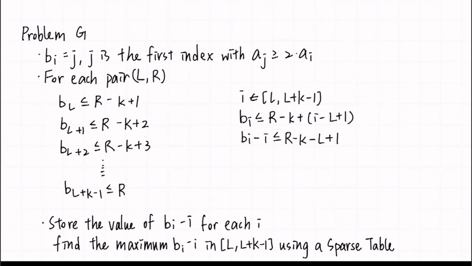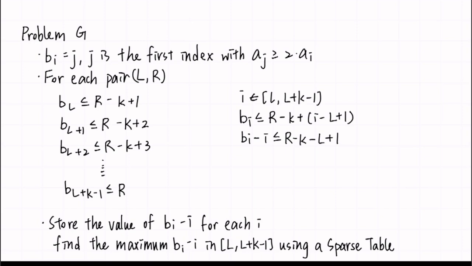And so we notice that for each pair, if the value of k is valid, we need b_L to be less than or equal to r minus k plus 1.